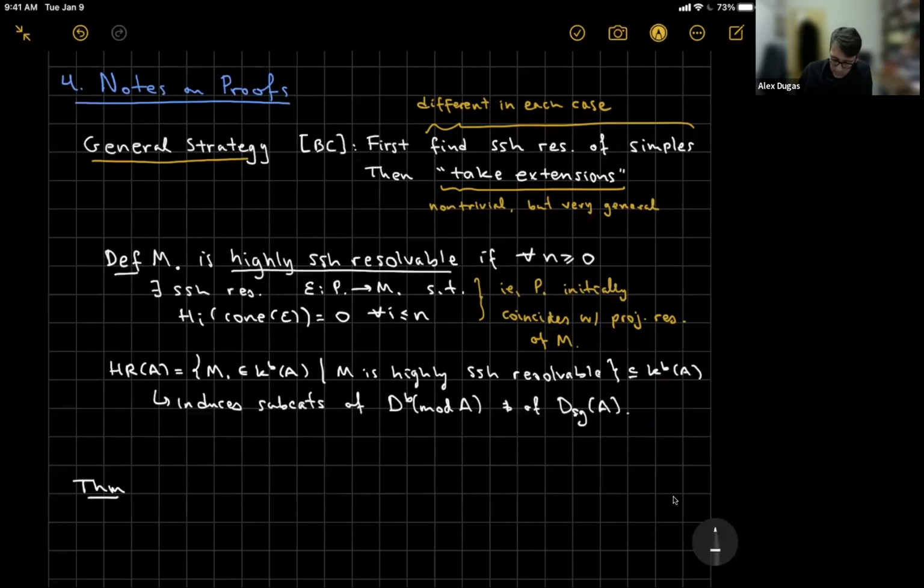And so the theorem that we can show is that, in fact, this is a triangulated subcategory of whichever one of these categories we want to consider it inside of.